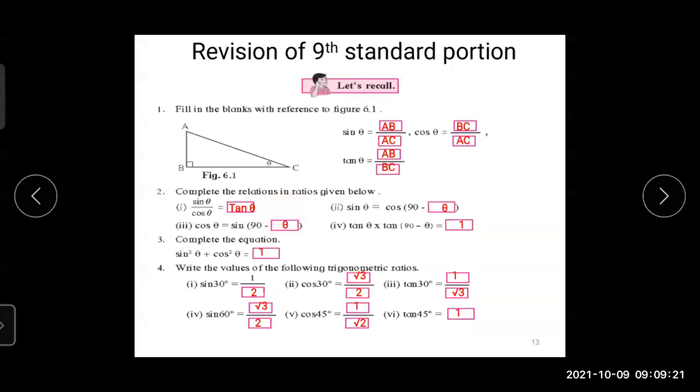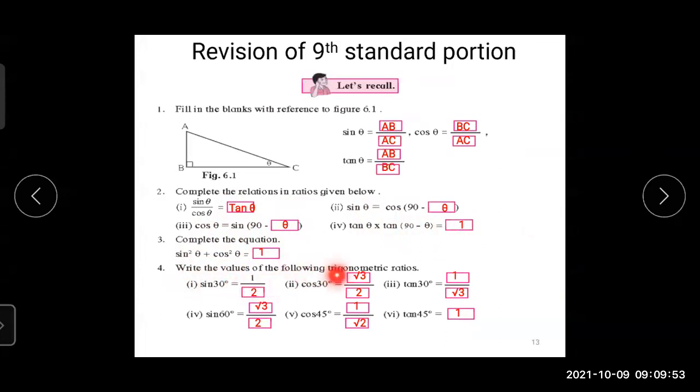And sin theta is equal to cos of 90 minus theta. This you have already learned, it's given in the 9th standard textbook. Then cos theta is equal to sin of 90 minus theta. Tan theta into tan of 90 minus theta is equal to 1. Then complete the equation: sin square theta plus cos square theta is equal to 1.